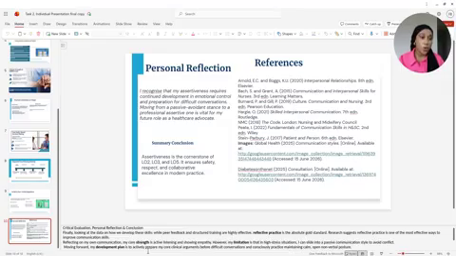Reflecting on my own communication, my core strength is active listening and showing empathy. However, my limitation is that in high-stress situations, I can slide into a more passive communication style to avoid conflicts.